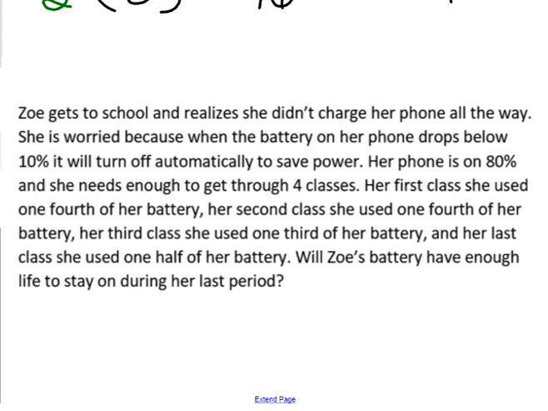Her first class, she used 1/4 of her battery. Her second class, she used 1/4 of her battery. Her third class, she used 1/3 of her battery. And her last class, she used 1/2 of her battery. So the question is, will Zoe's battery have enough life to stay on during her last period?